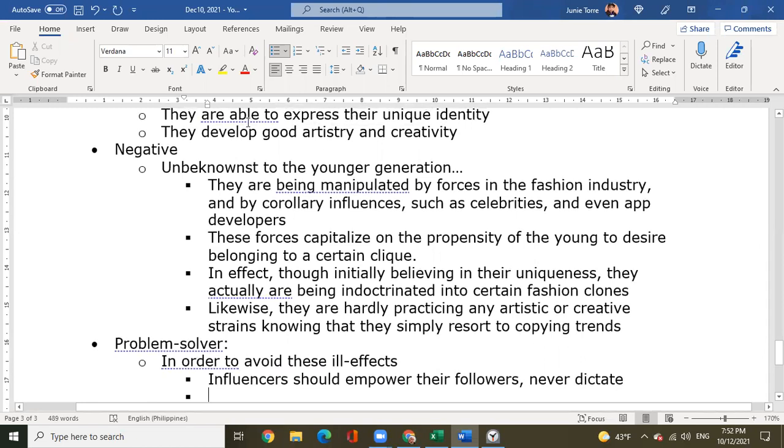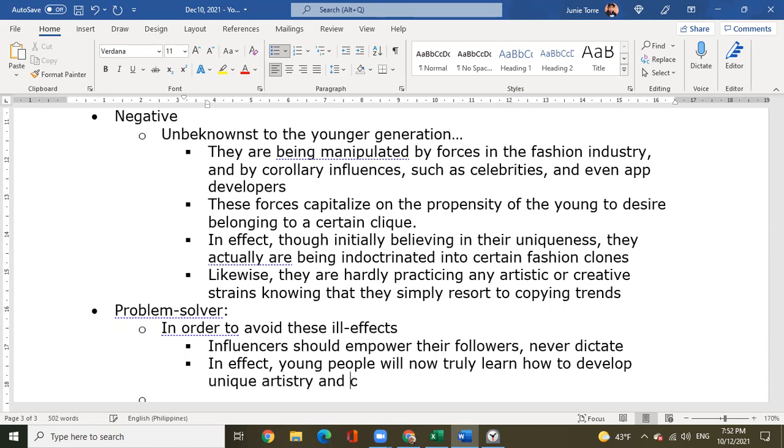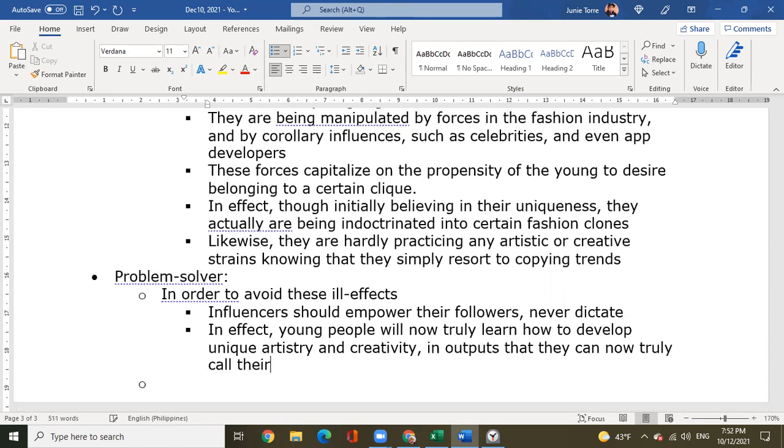There. In effect, young people will now truly learn how to develop unique artistry and creativity in outputs that they can now truly call their own. There. That's it. That's the essay.